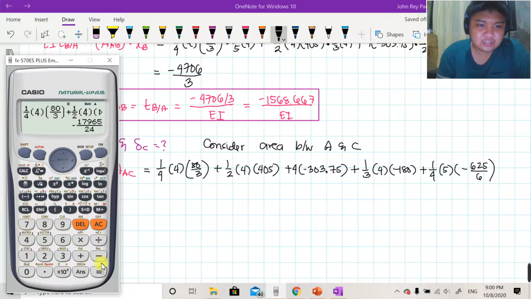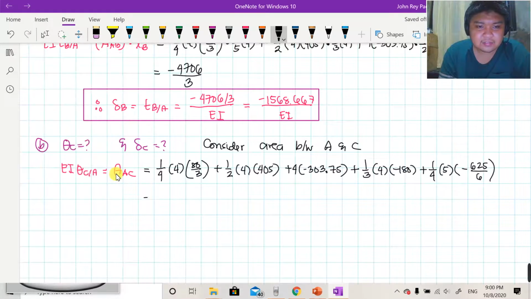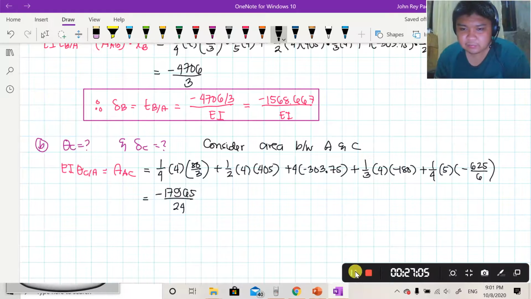So, medyo hindi na siya nagkasya. So, negative 17,965 over 24. Okay, so ito na class yung sagot niya.